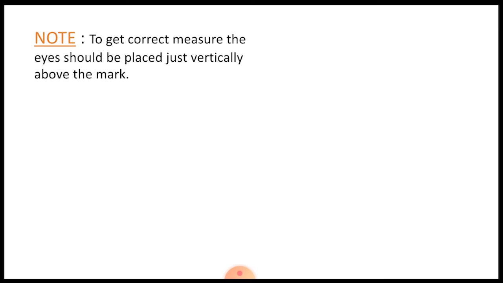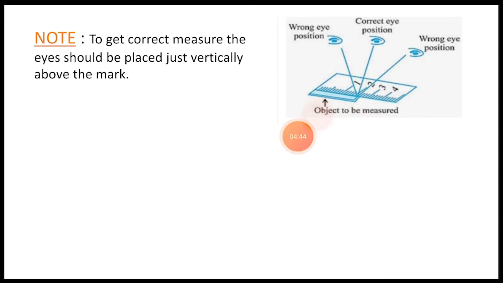So children, when we don't see the object to be measured vertically, there comes a viewing error or positioning error. Fine, so to avoid that and get the correct measurement, we must place our eye just vertically above the marked object which is to be measured.